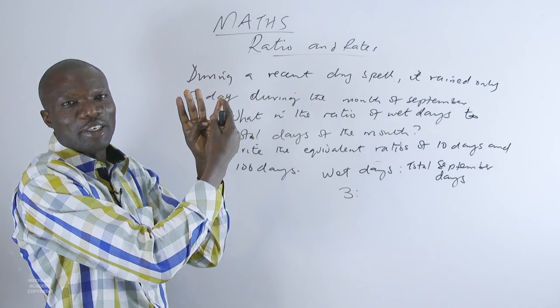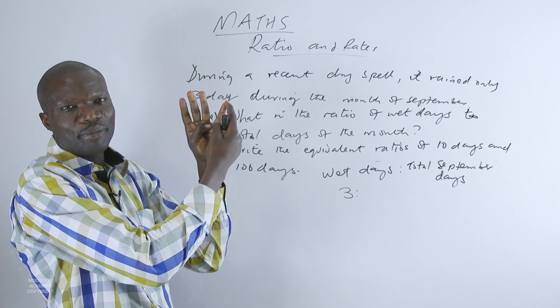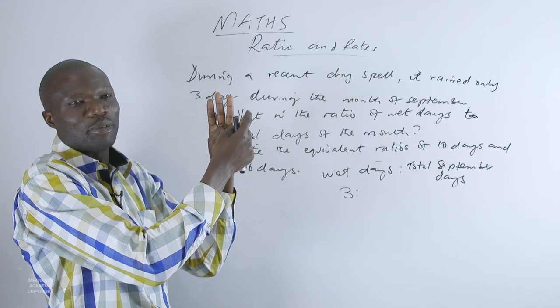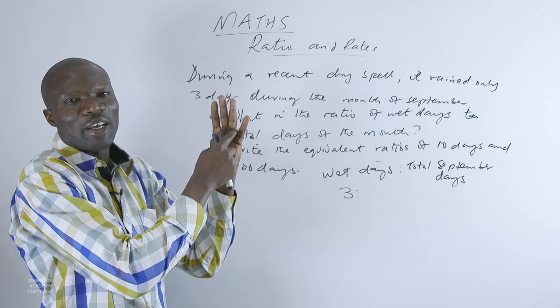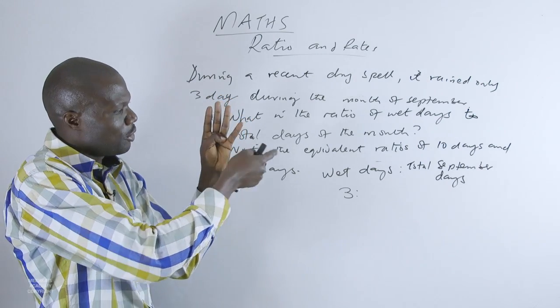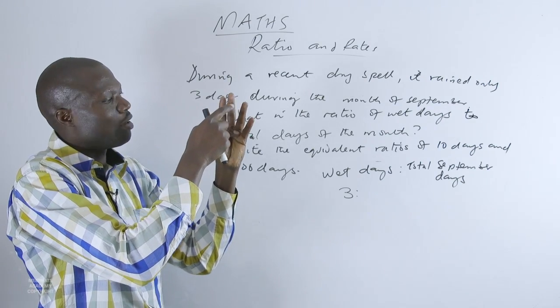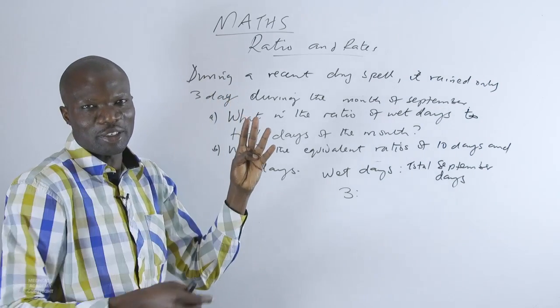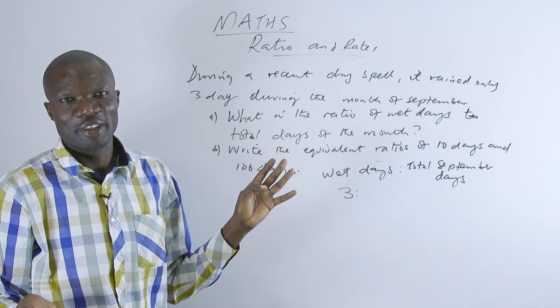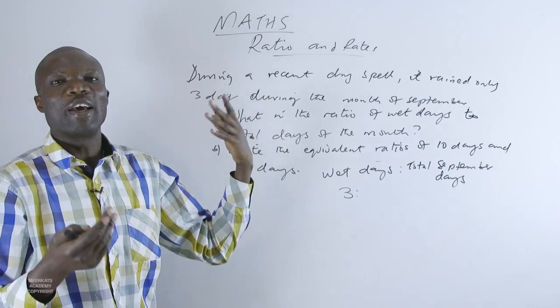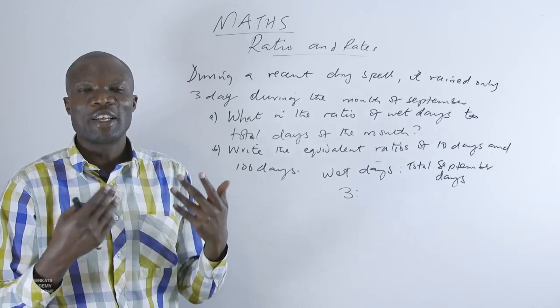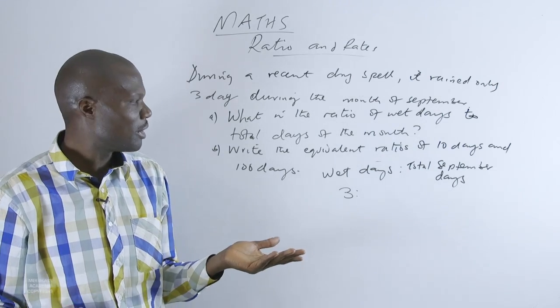August, you see, is 31, because I've moved again to the fingertip. September is 30, so already we have the days here. October is 31, November is 30, and December is 31. Very interesting. The fingers can help us to tell the number of days in every month.